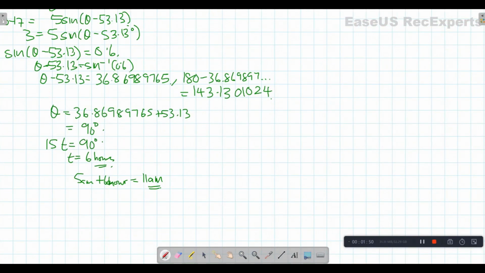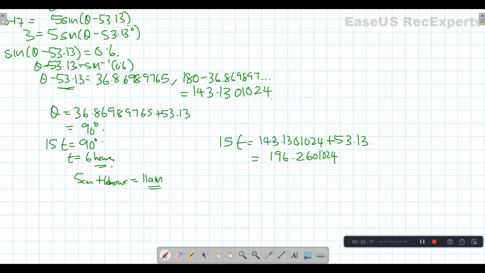So we take 15t this time. We take 15t equals 143.13011024. Add that with positive 53.13, and I've got, excuse me, 196.26011024.